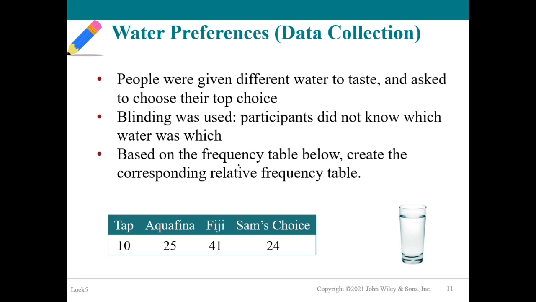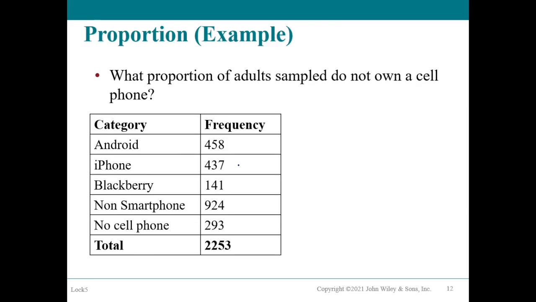So there are four different types of water, and based on the choices, you can see the count. This is the frequency table. It doesn't matter whether it is horizontal or vertical. Now what we have to do is find the relative frequencies, simply the proportions.